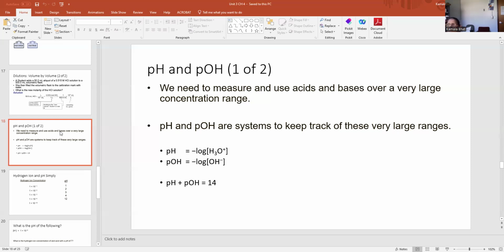So if I write pOH, that means I want the negative logarithm to the base 10 of the OH ion. If I write pNa, then I will need the concentration of the Na ion, and so on. But in general, pH plus pOH is equal to 14, and that is the maximum.